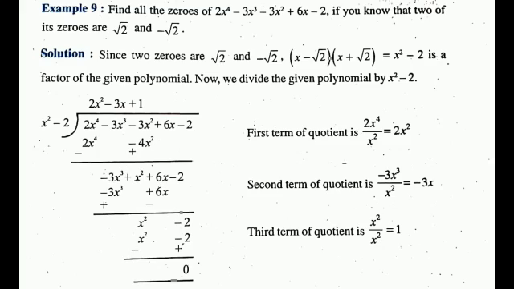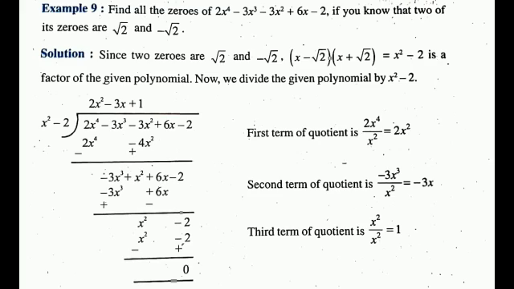Since two zeros of the given polynomial are root 2 and minus root 2, it means that x minus root 2 and x plus root 2 are factors of the polynomial.